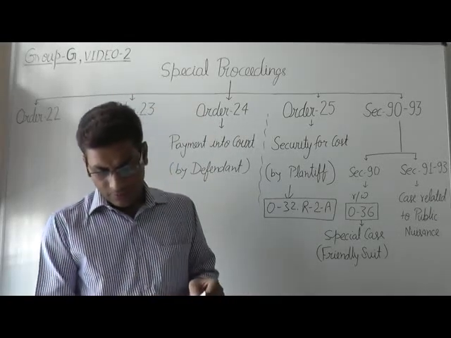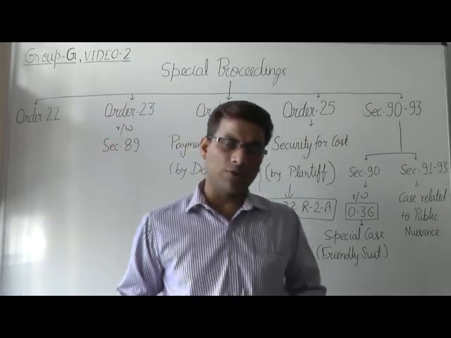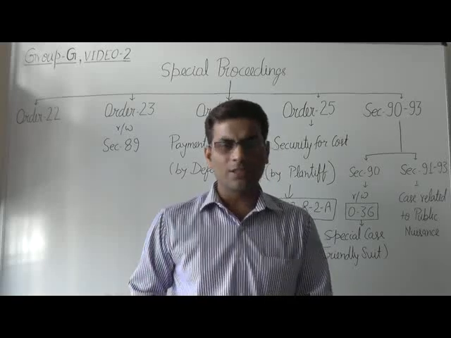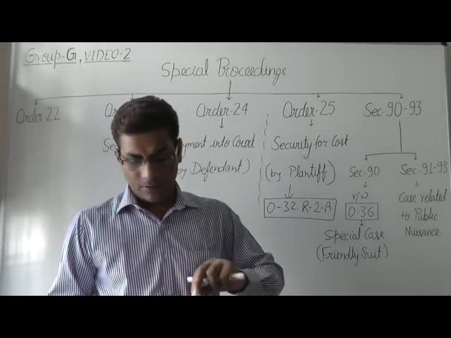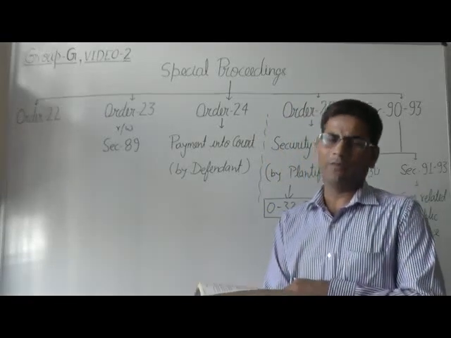There are just two rules in Order 25. So it is one of the smallest orders. It consists of two rules only, but it is one of the important orders.